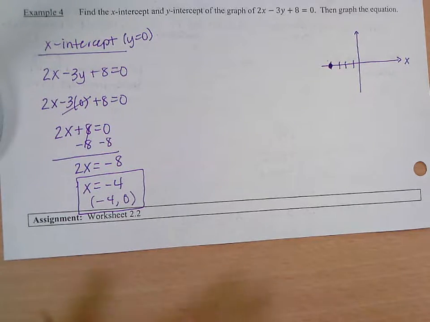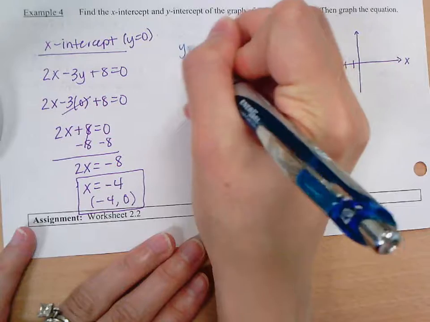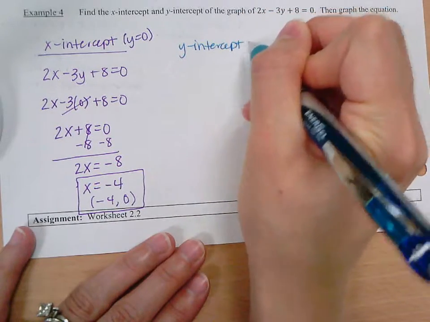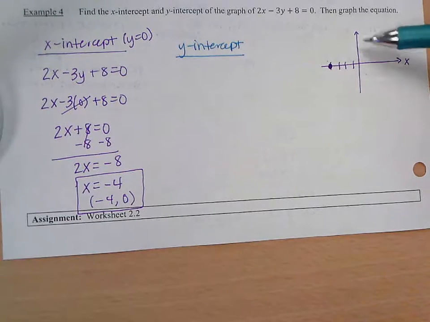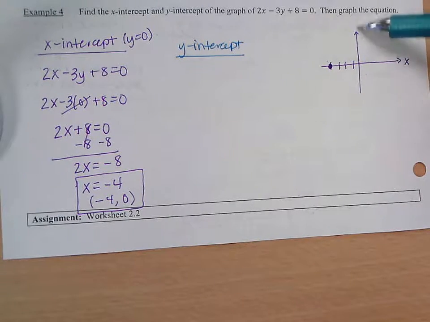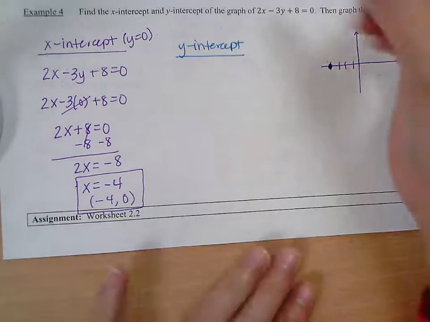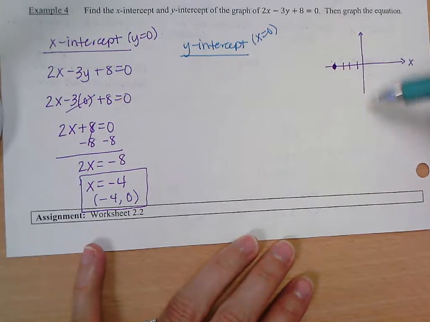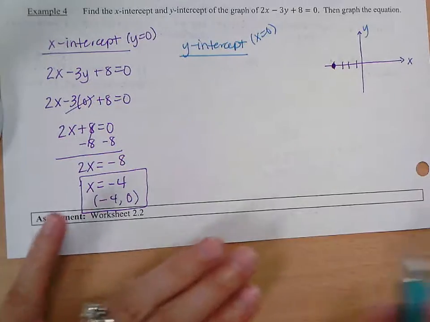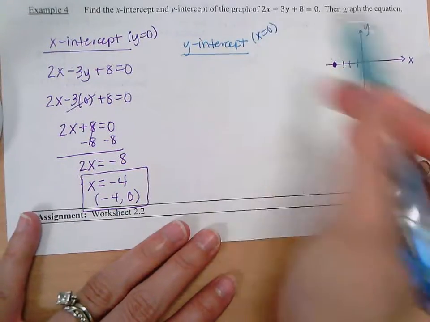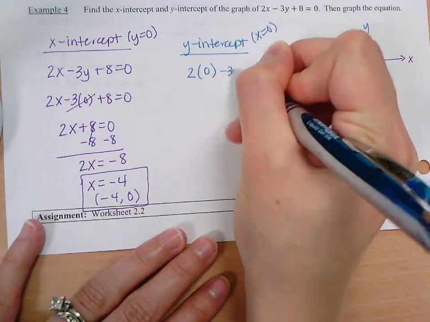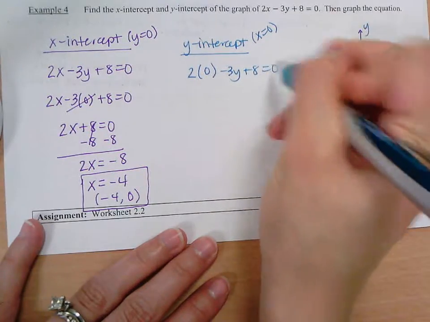And then I'm finding the y-intercept in a similar way. So for every coordinate on the y-axis, just the opposite, the x-coordinate is 0. That is the line x equals 0 here. So in my equation, I replace x with 0, solve for y. So I have 2 times 0 minus 3y plus 8 equals 0.